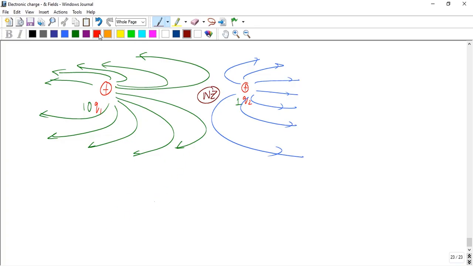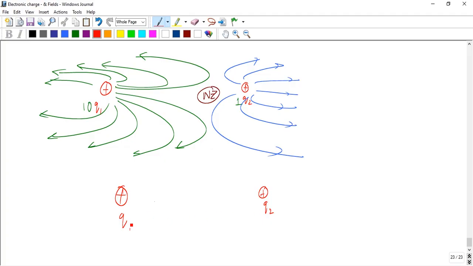Suppose there are two charges Q1 and Q2 with a separation between them.